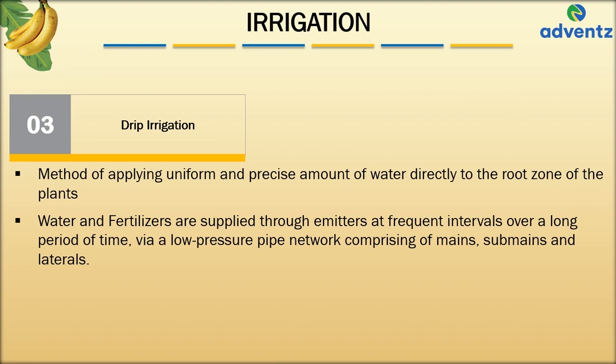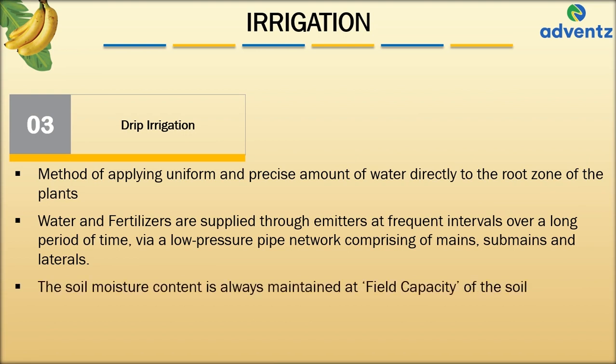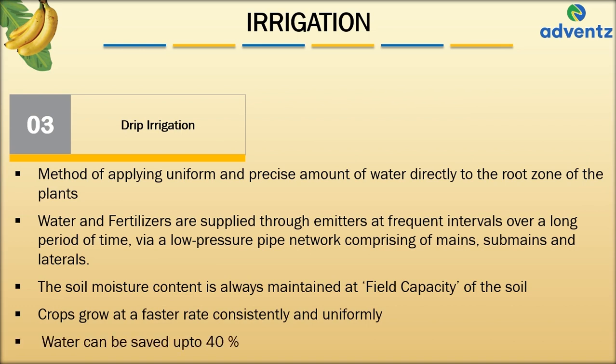The soil moisture is always maintained at field capacity of the soil, and hence the crops grow at a faster rate consistently and uniformly. Through this method, the water can be saved up to 40%.